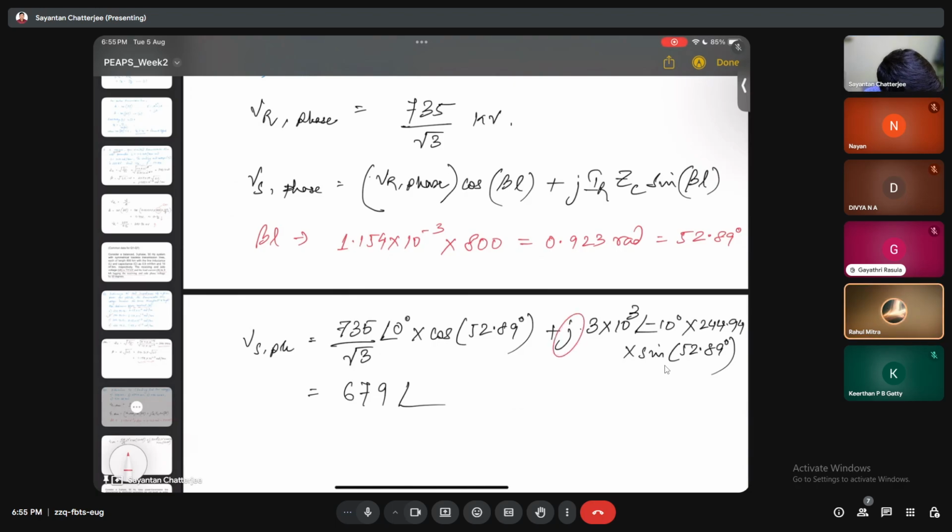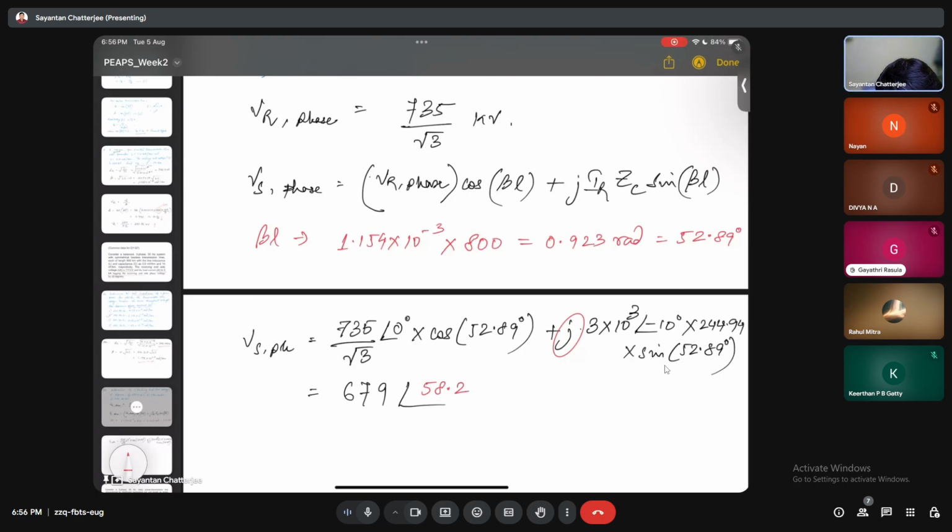Yes, let me calculate the angle. So some angle will be there. So the sending angle will be on the positive side or negative side. Which one? Okay, angle is coming 58.2 degrees.